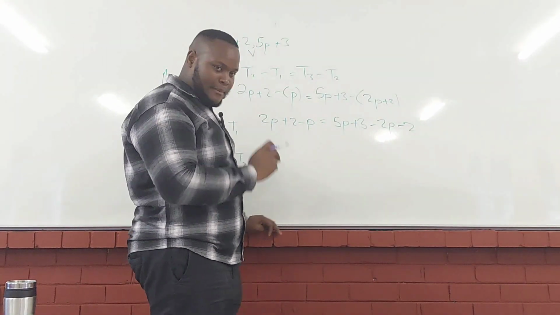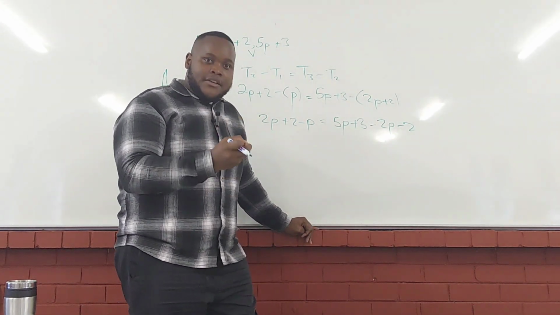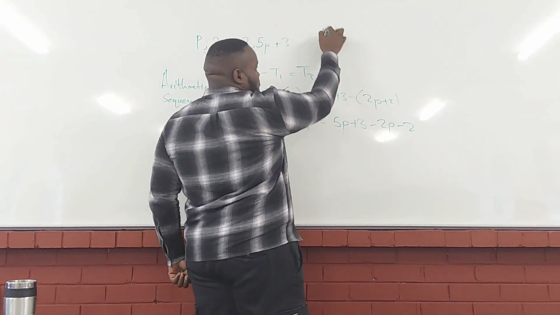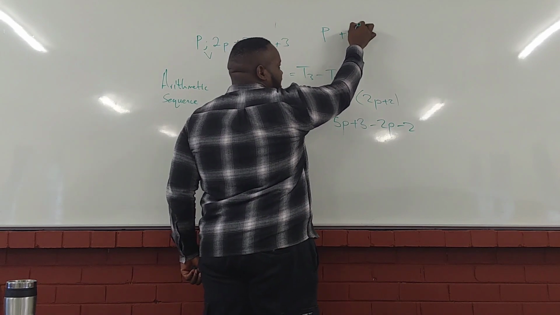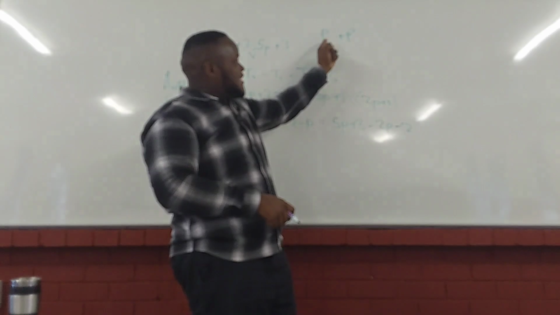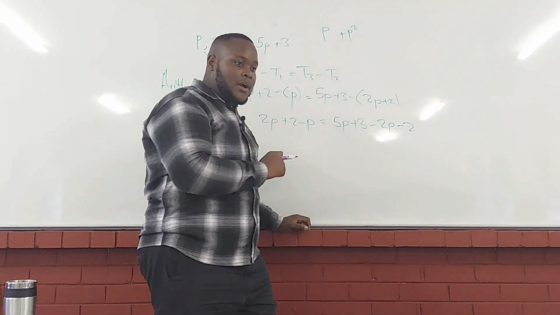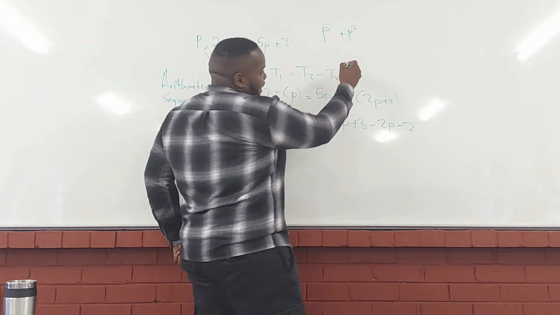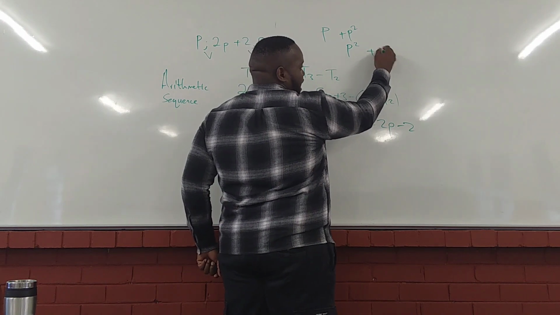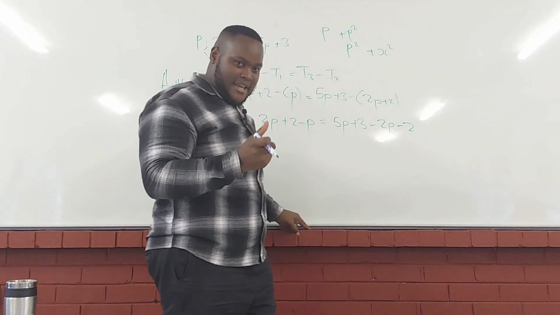Like terms are the terms that have the same base raised to the same exponent. What do I mean? If I have p plus p squared, these two are unlike terms. Although their bases are the same, their exponents are not the same. But if I have p to the power of 2 plus x to the power of 2, these two are also unlike terms.